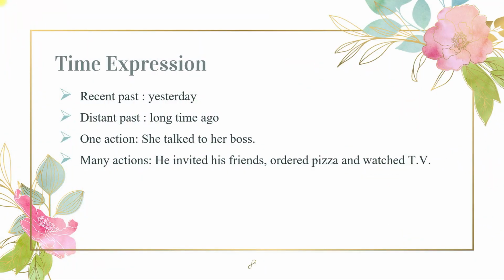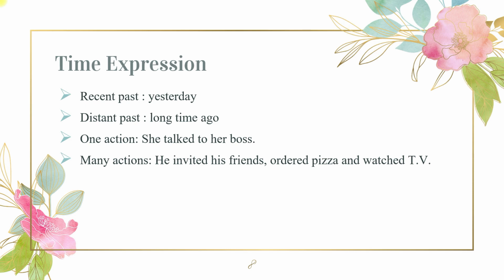And the other most important thing in the simple past tense is the expression of time. We can express the time in the recent past, like yesterday, two hours ago, last night. We can also say it in a distant past, like a long time ago, twenty years ago.